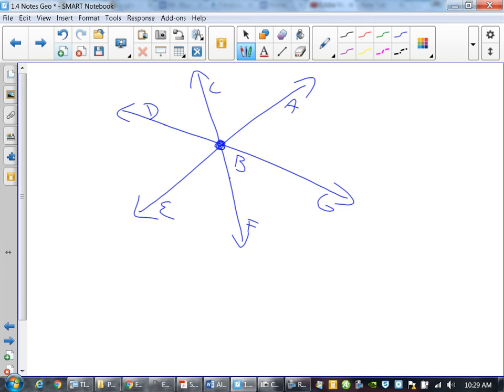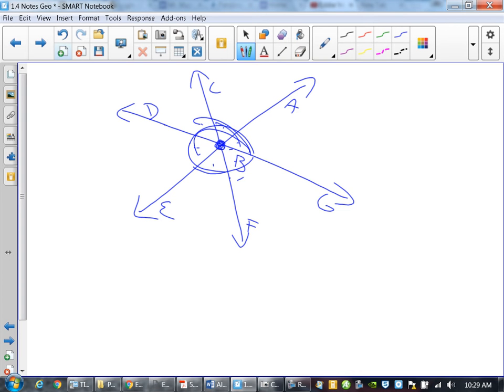Can I call any one of those angle B? No, I can't. Because angle B is the vertex for 1, 2, 3, 4, 5, 6, 7, 8, 9, 10, 11, 12. There are so many different ways that you can use angle B as the vertex. Only use one letter if that vertex is the only one it can be.